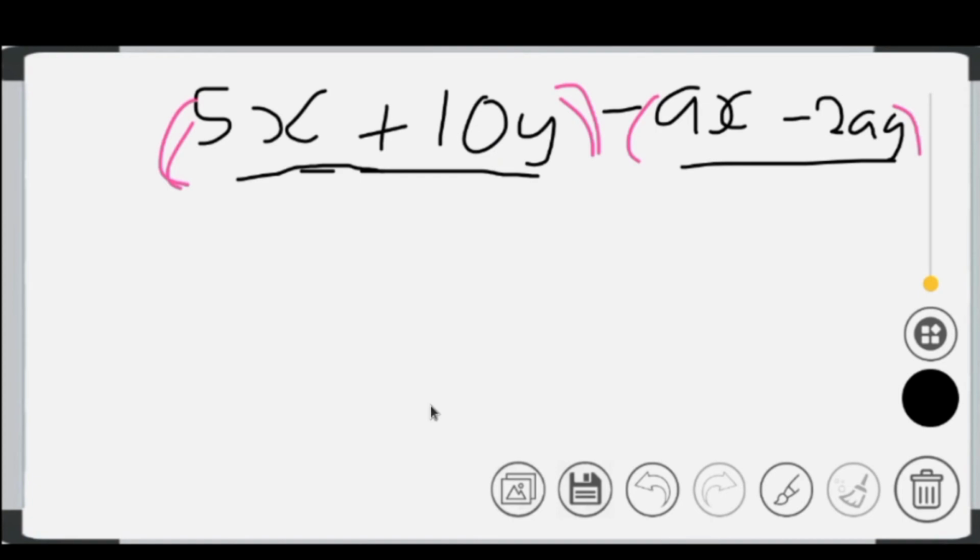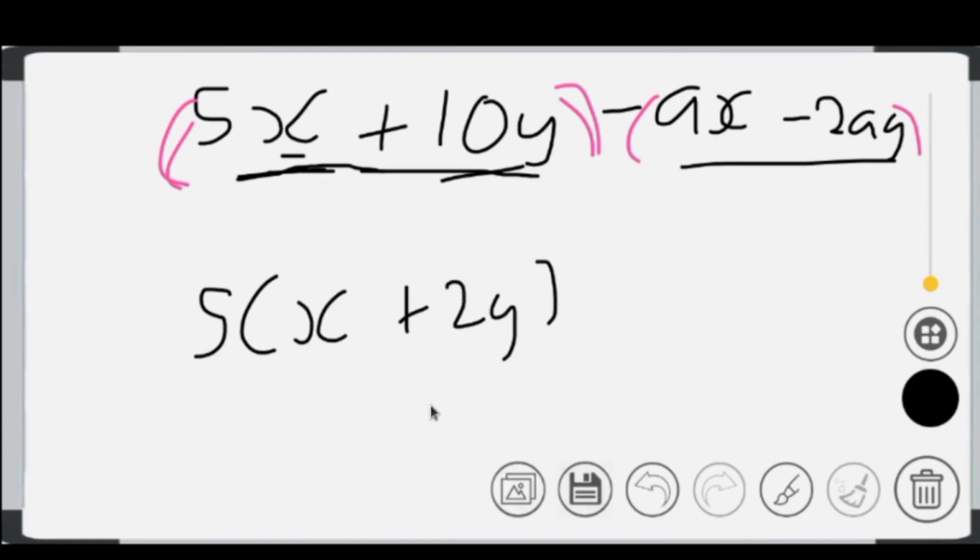So here, if we factorize this one over here, we're going to take out 5 because it's the highest common value, and what are we going to be left with in our first place? We're going to be left with x plus 2y, right?